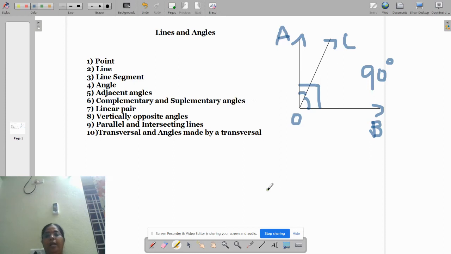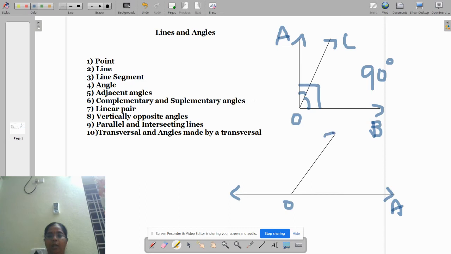If the sum of the two angles is equal to 180 degrees, if you observe, this is O, A, B, and C. If you observe these two angles, OAB and BOC, this total angle is equal to 180 degrees.